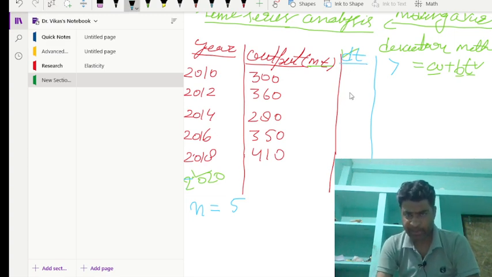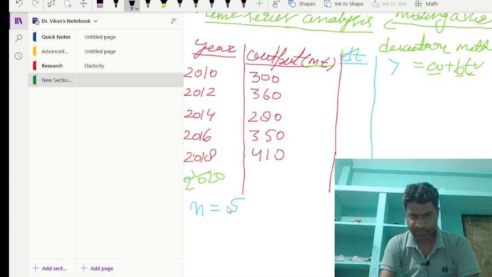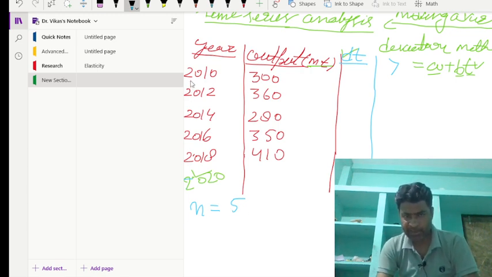For calculating the deviation, we need to calculate the middle year, then we will find the deviation year. So n is the number of observations in a given series. We have the 5 observations from 2010 up to 2018.